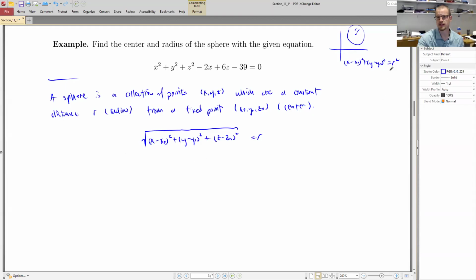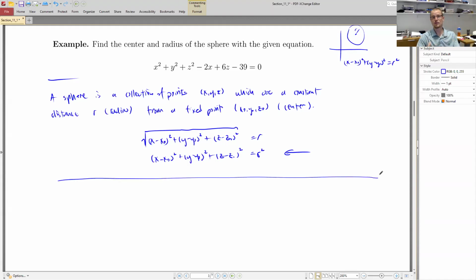So just using the definition that we wrote down here, we get this equation immediately. But that's not typically how it's given. Much like for the equation of a circle, we would square both sides to obtain x minus x naught squared plus y minus y naught squared plus z minus z naught squared is equal to r squared. And this is the typical equation used for a sphere.